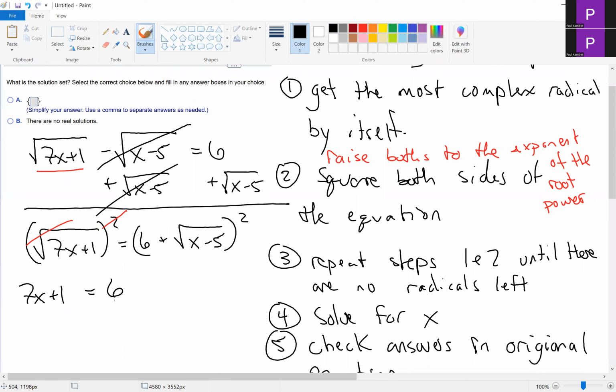It is 6 plus the square root of x minus 5 times 6 plus the square root of x minus 5. Okay? You have to write out the definition of an exponent. Squaring means you multiply it by itself twice. Once you write that out, you can now distribute.